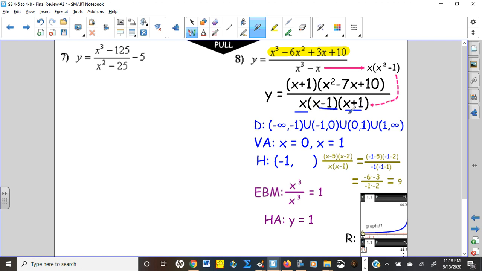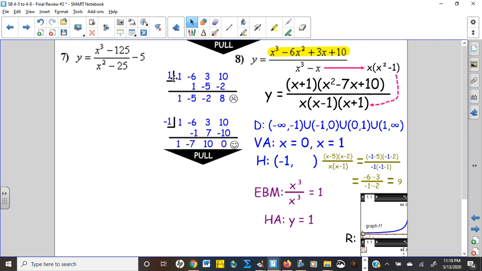You can pretty much leave the top unfactored. However, when I try 1 and negative 1, here's what I find. 1 does not work. I tried 1 first because it was positive, and it gave me a non-zero remainder. But then when I tried negative 1, voila, there's your even factorization.